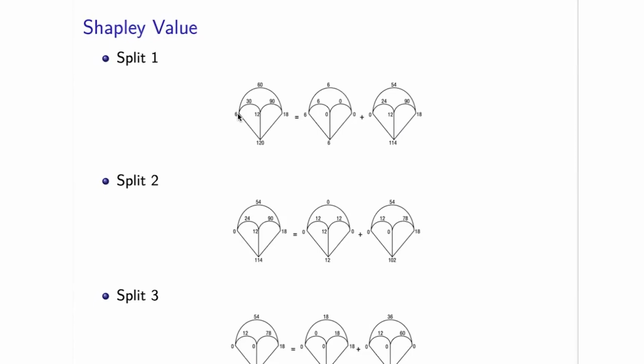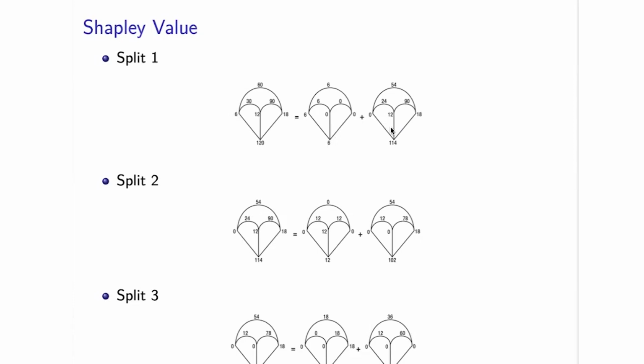So you have got player one being a part of coalition one, so take out 6 and write it down here. Player one is part of coalition 1, 2, so write down this 6 here as well. Player one is part of 1 and 3, so write down 6 here as well. And player one is definitely part of 1, 2, and 3, so out of this 120, write down 6.